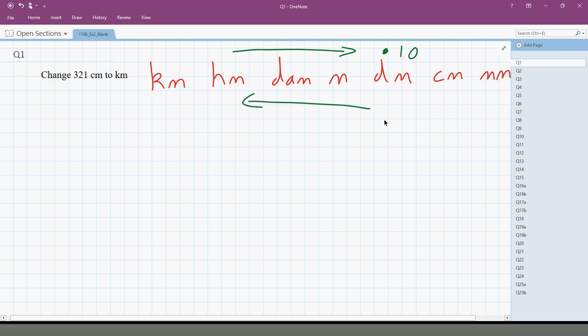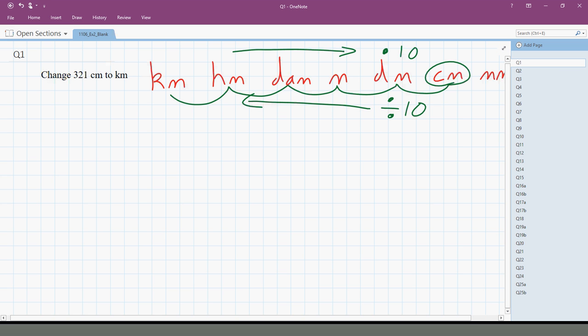We move to the left, we divide by 10. So what John said is that we're starting down here at centimeters, and we're moving to the left 5 times.